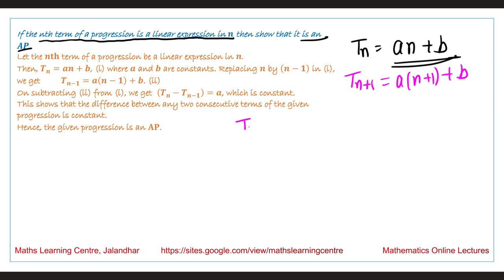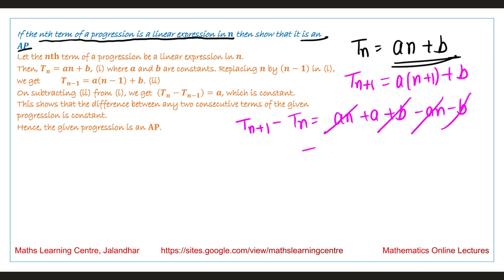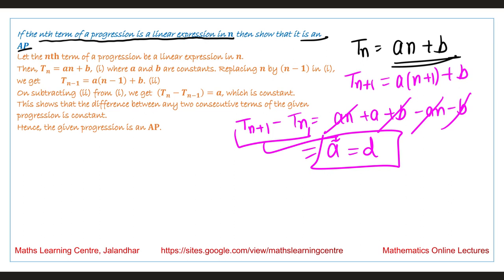If we find T(n plus 1) minus Tn, we obtain an plus a plus b minus an minus b. The b gets cancelled, the an gets cancelled, and we are left with the value a, which is the constant value d, the common difference. So this Tn forms an AP.